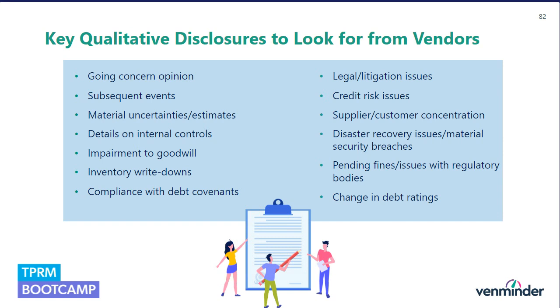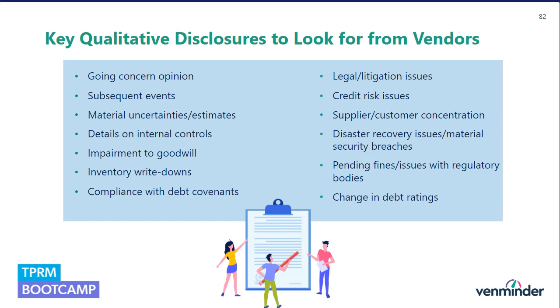Other things like customer and supplier concentration, legal and litigation issues, credit risk issues, as well as any sort of breaches or disaster recovery issues can also expose more risk that has been introduced to this vendor that could ultimately lead to it having legal exposure and some sort of financial penalty that may not necessarily be reflected in those quantitative financial statements.